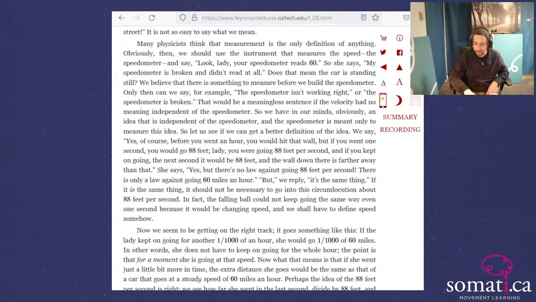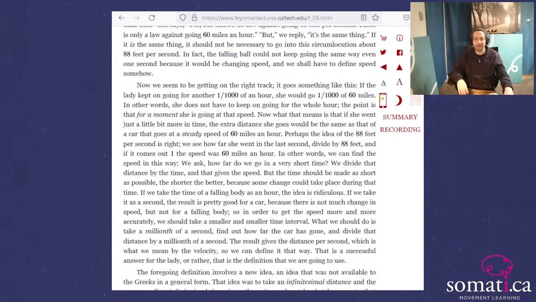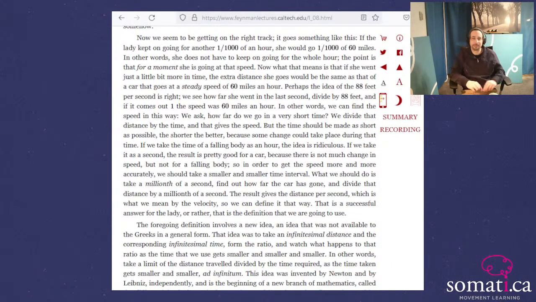So yeah, making a case for needing to be more precise about velocity. And so getting at the instantaneous velocity idea, what the speedometer says is its instantaneous velocity.